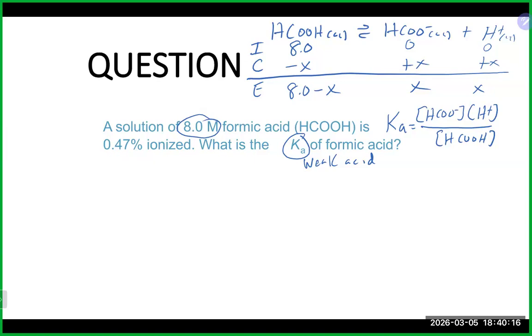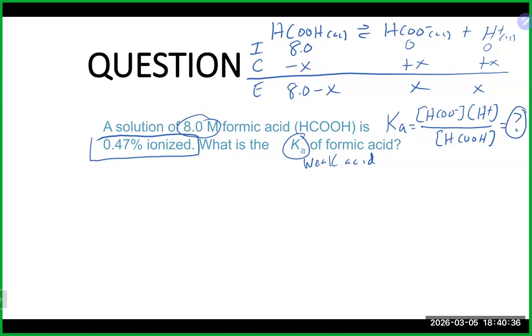The problem is we don't know what the Ka value is. That's actually what we're looking for in this particular problem. So there has to be some other piece of information here that we could use to help us figure it out. And that other piece of information in this particular case is the percent ionization.